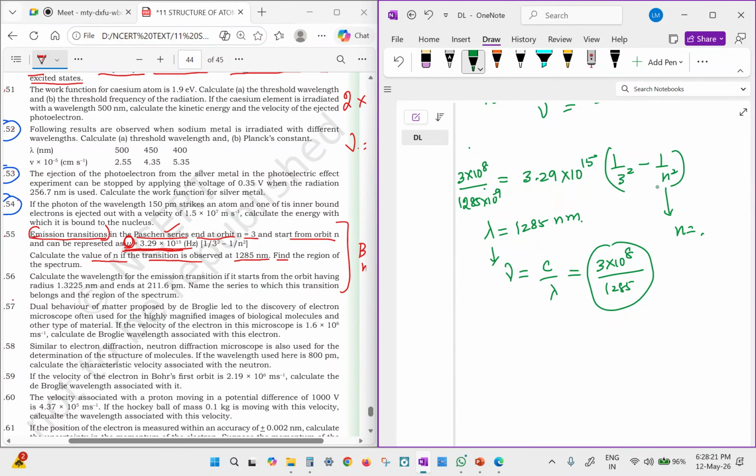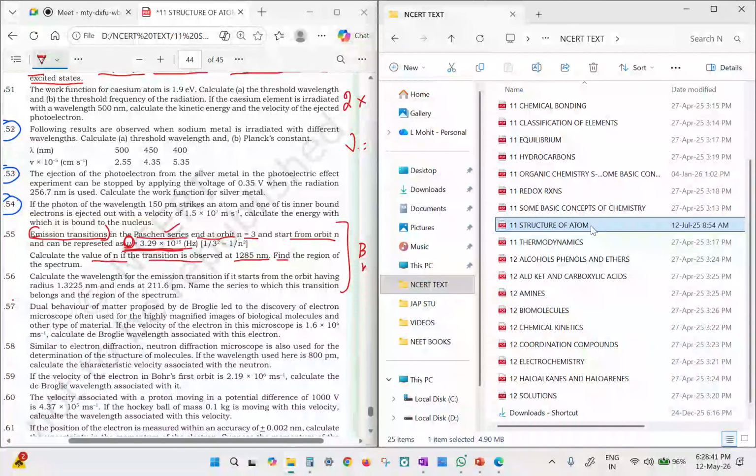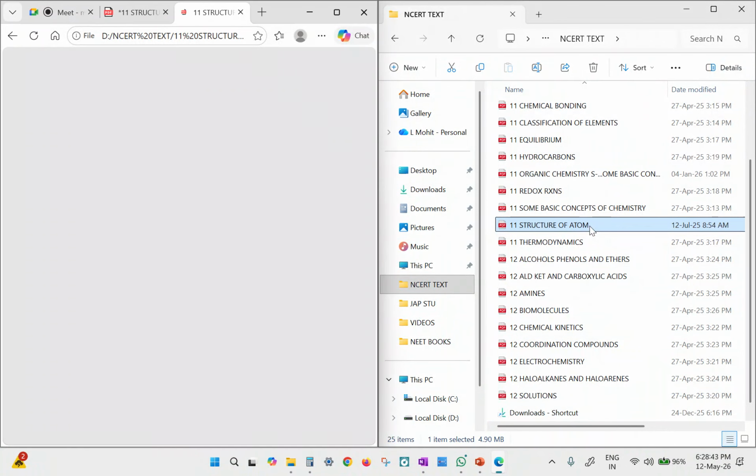Correspondingly, what will you do? Look at the lambda value. Look at the frequency value. Refer to the electromagnetic spectrum. You had the continuous spectrum part, remember? Go and refer to that and find out in which part of the spectrum it will be.